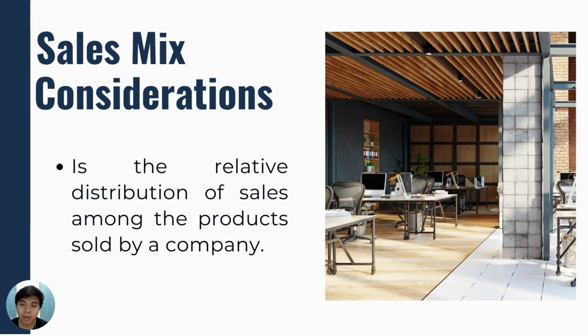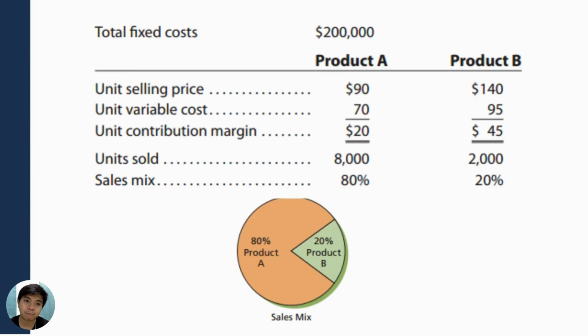To illustrate, assume that Cascade Company sold products A and B during the past year as follows. The total fixed cost is $200,000.